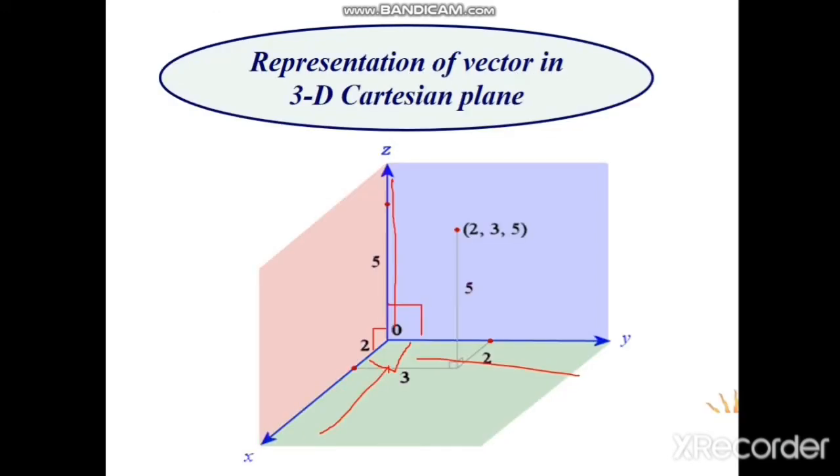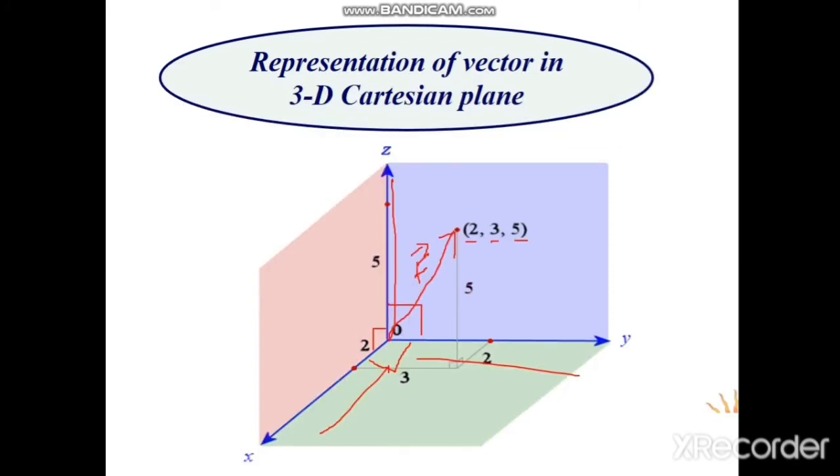So here we can draw a vector, you can see from here to here like this. We can draw the vector, say this is vector F. In this case, that is the case of 3 dimensions, the vector F will have 3 components, that is 2 as the x component, then 3 as the y component, and 5 as the z component.